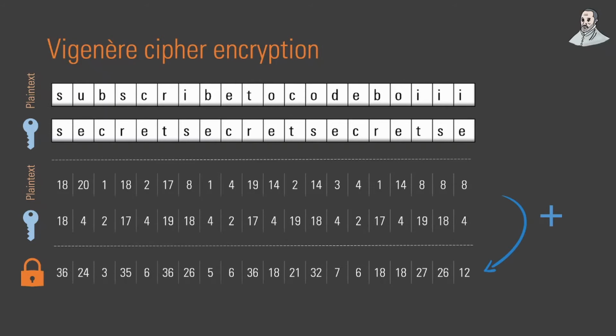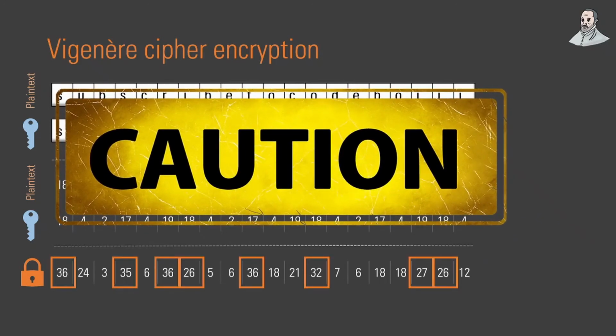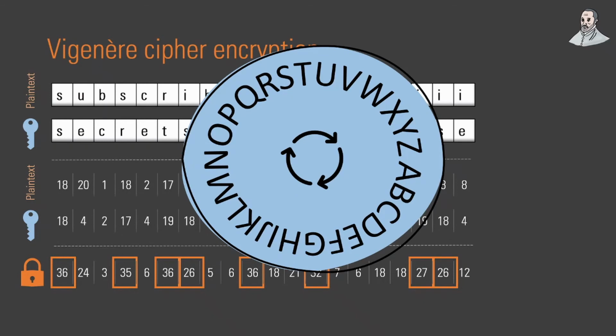At the moment, it still consists only of numbers. But now we have to translate them back to their corresponding characters. There's only one problem. We have some numbers which are higher than 25 at the moment. To solve this problem, you have to imagine the alphabet starts over after the Z. A 26 would therefore be an A, a 27 would be a B, and so on.